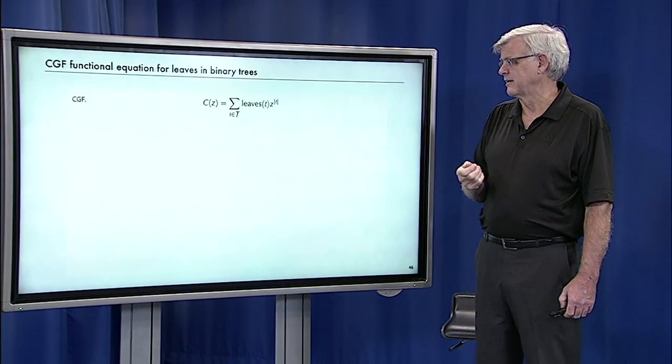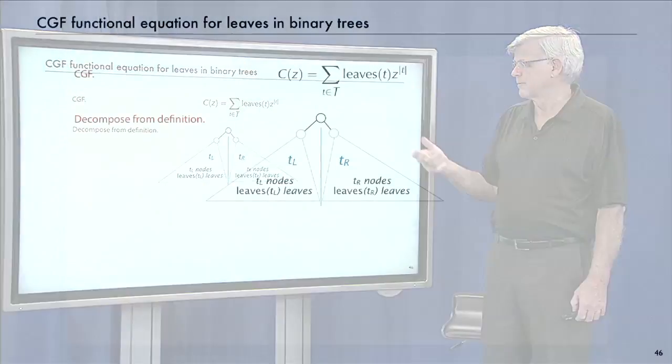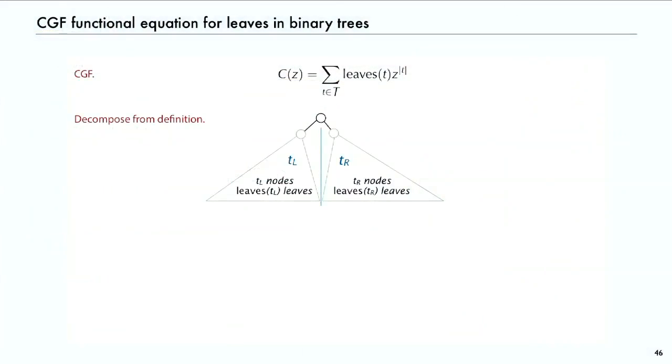Now again, we're going to use the same kind of decomposition that we did when we were enumerating trees. And actually, usually that's what happens. The same formal description that gave us the number of trees is going to give us the cost. And that's why this method is so powerful.